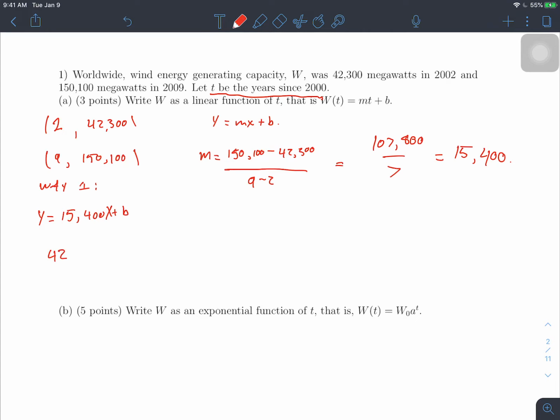It'll be 42,300 equals 15,400 times 2 plus b. So we will subtract 30,800 from both sides.